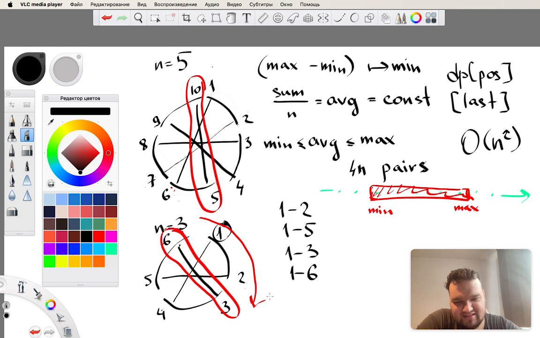I can check it with linear DP, but technically it shouldn't be needed. Maybe I want something.